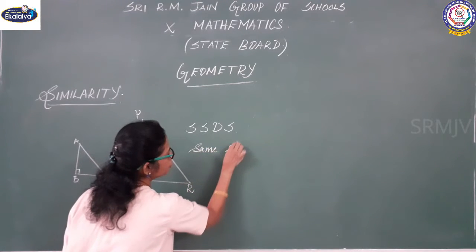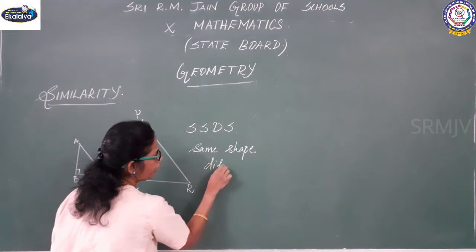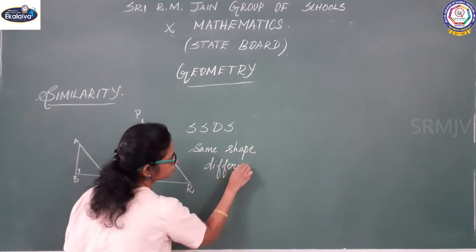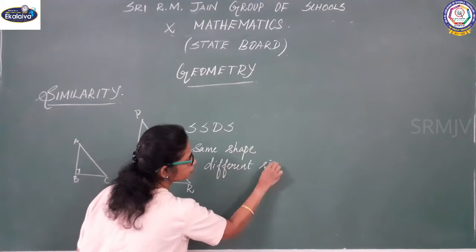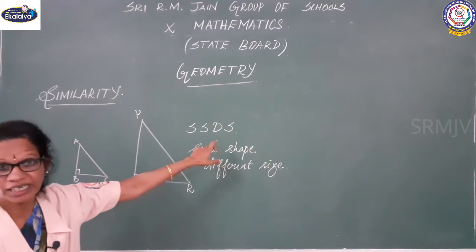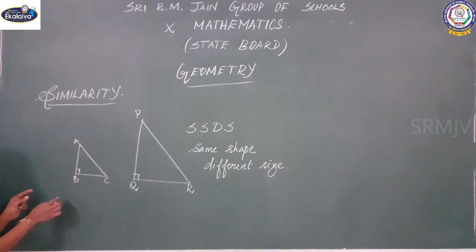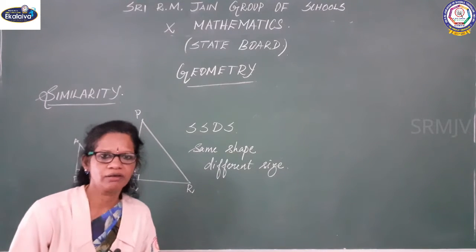Same shape, different size. Now you see, I said corresponding sides are proportional. Proportional in the sense you can write it as a fraction, right?